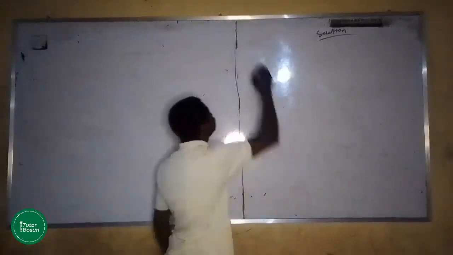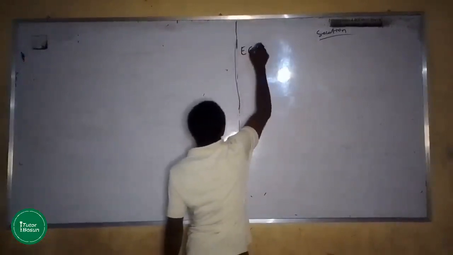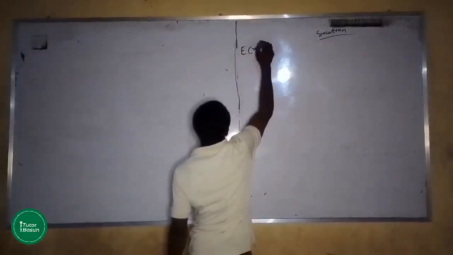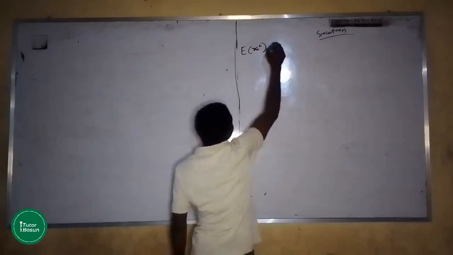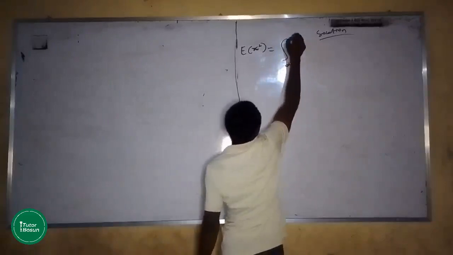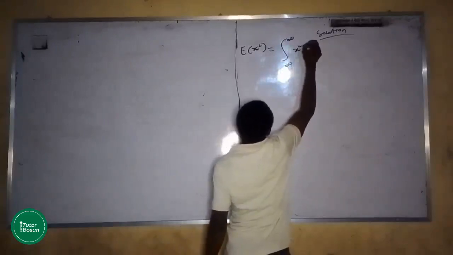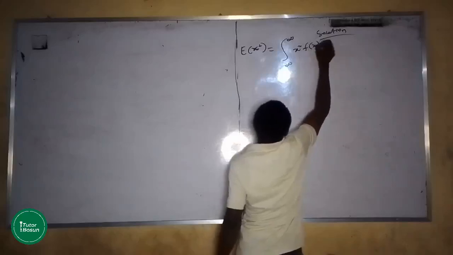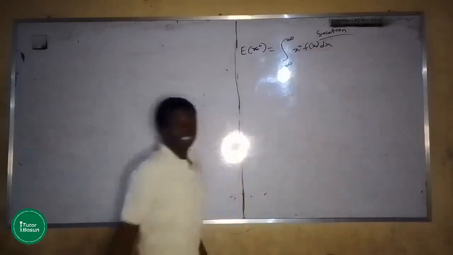So to determine the expected value of x squared, in a similar way, we integrate from minus infinity to infinity of x squared f of x dx.